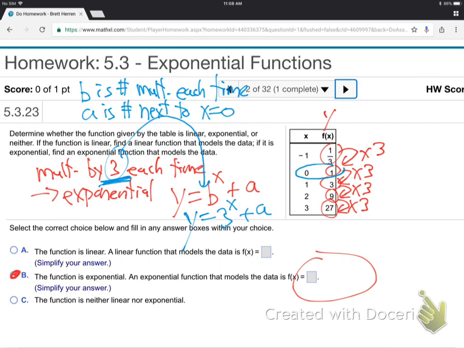What's across from x equals 0? Here's x equals 0, and across from it is 1. That's your a. So the a is 1. It's always what's next to the x equals 0 in the table.